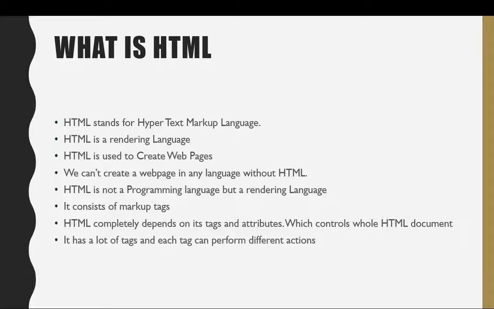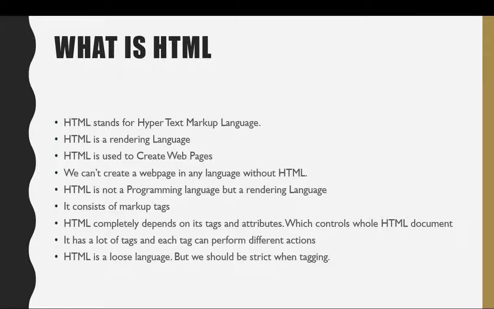For example, by using the UL tag, I'm just naming the tag, you don't know it yet but you'll learn it soon, we can create unordered lists, and also the navigation bar or lists, whatever.